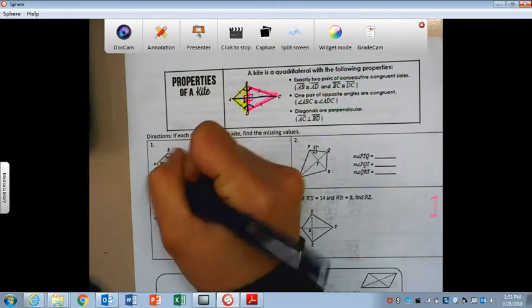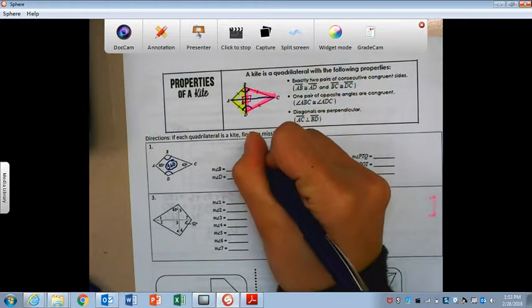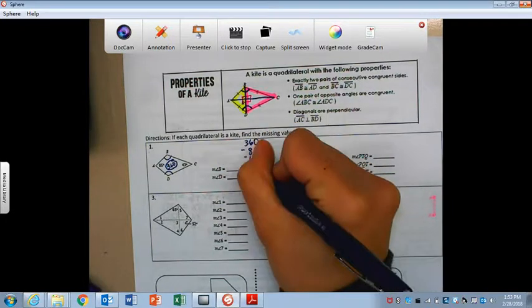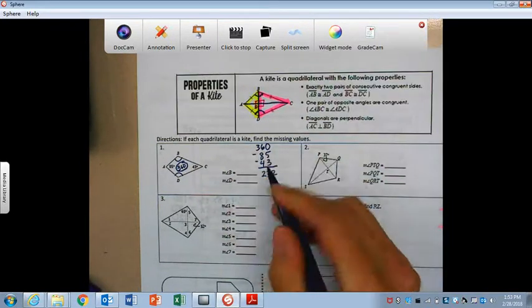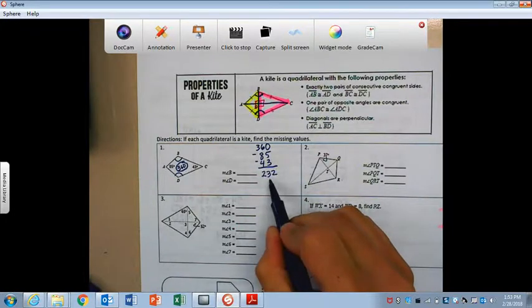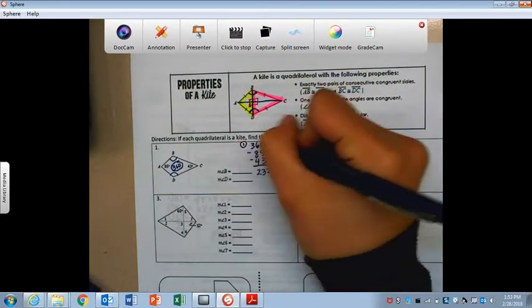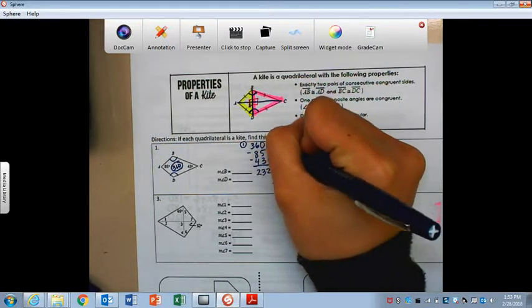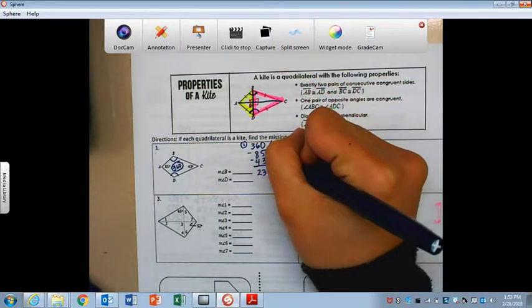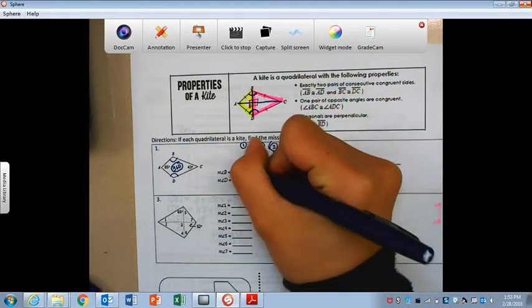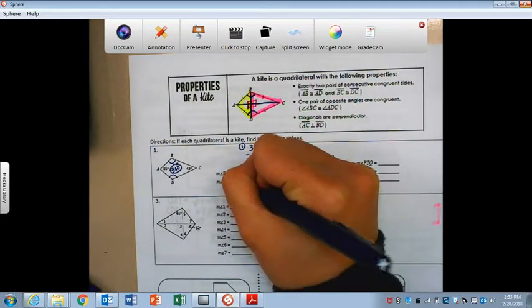So you're going to go 360 minus 85 minus 43, and you are going to get 232. Well, you've got two angles missing. They cannot both be 232. So that was step 1. Step 2 would be 232 divided by 2. That gives you 116. So both these angles are 116.